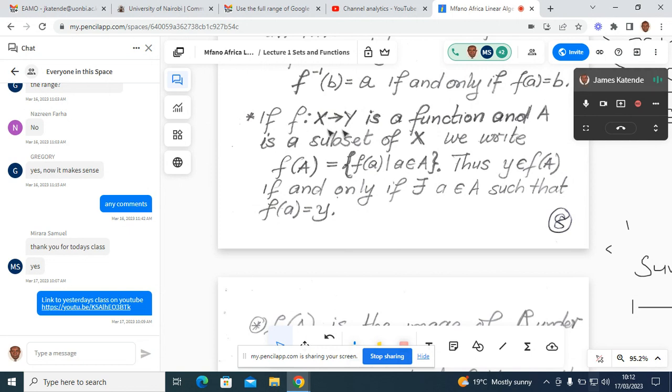If you have a function from the set x, just to double check that you can hear me, please type in the chat. If there's anyone who cannot hear me, please type that you can hear me. So that way things move on better. And if at any point you can't hear me, you also say so in the chat.